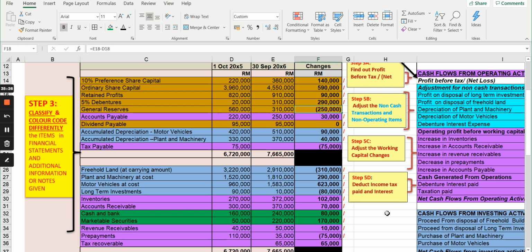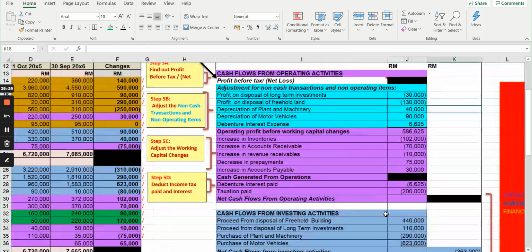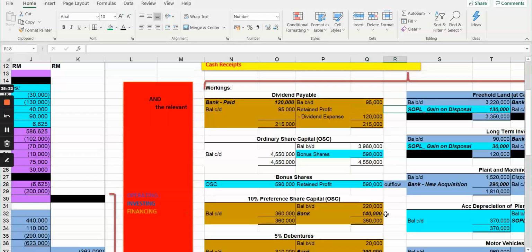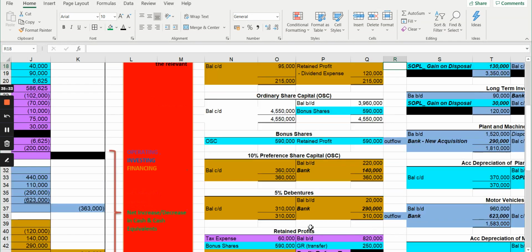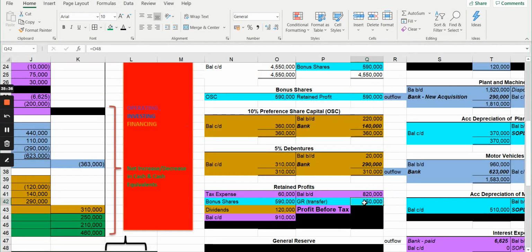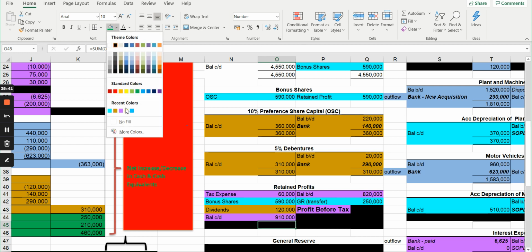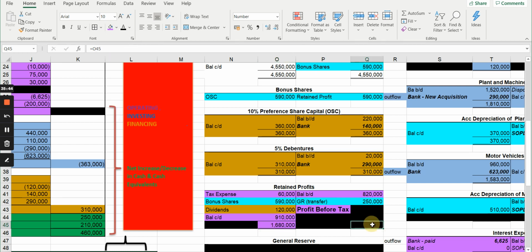So 250,000 is being debited to the general reserve and credited. I mean, credited means it is put on the credit side here, right? 250,000. So you can now total up this section, right, of your retained profit, and this should equal the credit total.